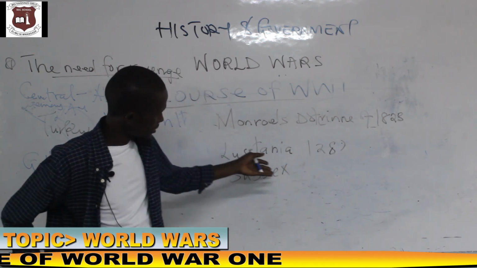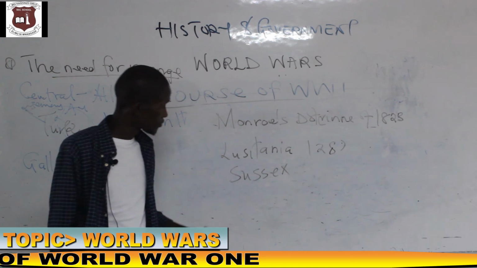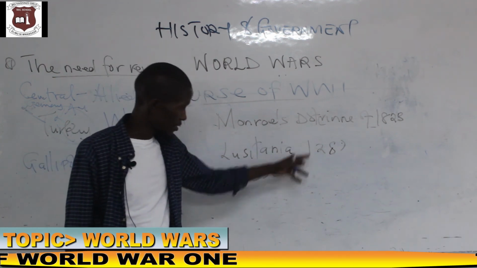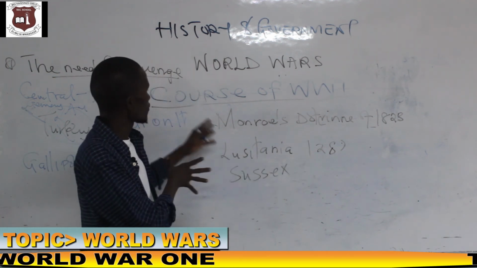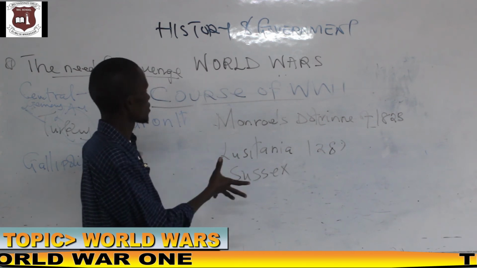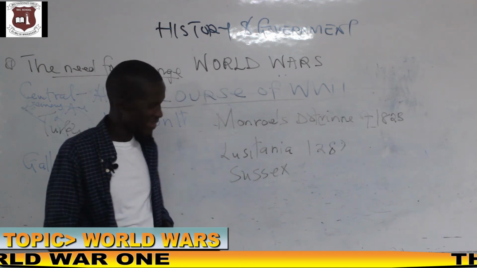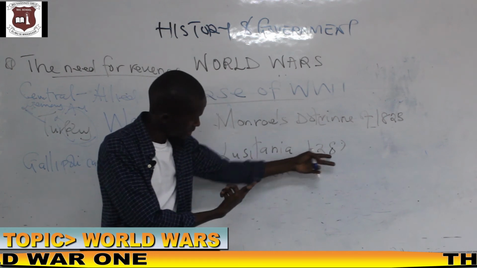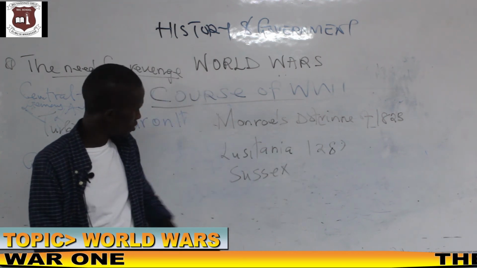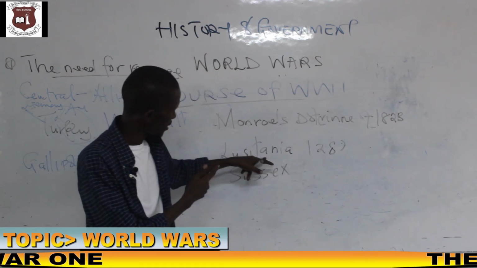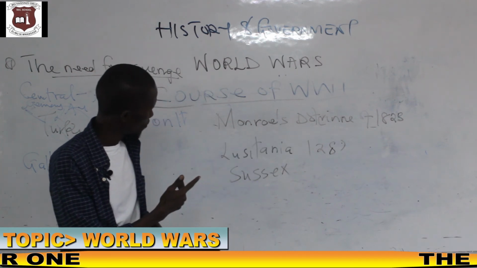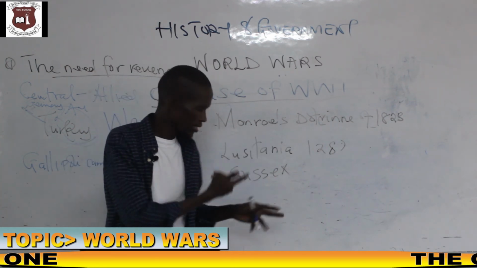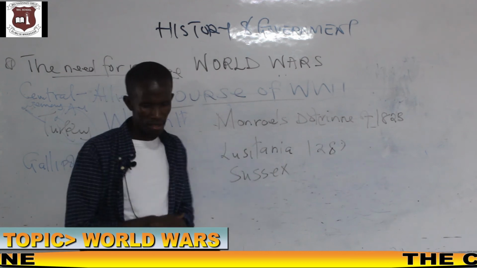So the US Congress met and voted that, irrespective of the Monroe Doctrine and their isolationist policy, they had to intervene to avenge their citizens that died both in the Lusitania that sank and the Sussex that was sunk by the Germans.